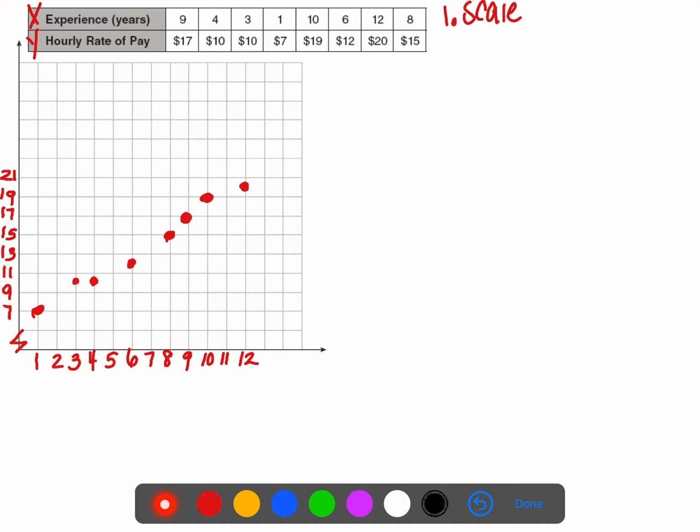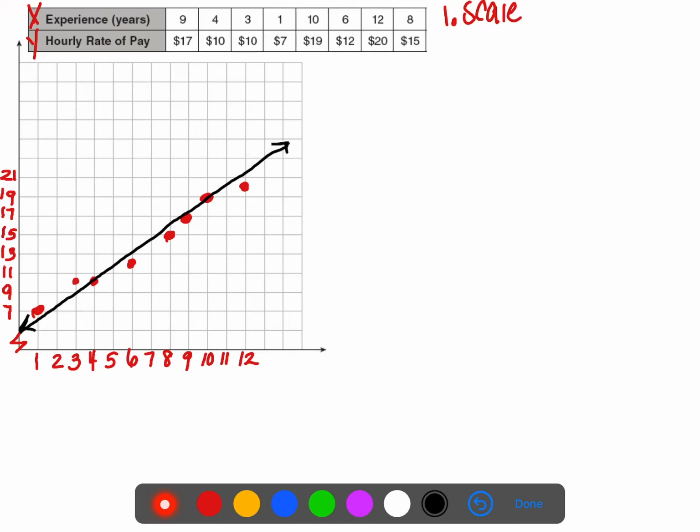So I'm going to use 4, 10, and how about 10, 19. I'm going to use those 2 points to go through on my best fit line.